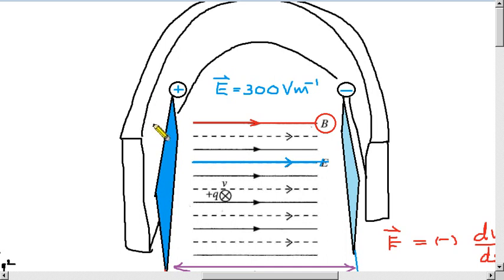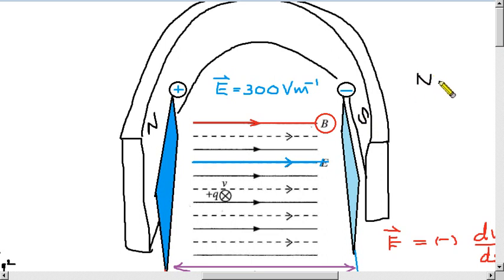So the S pole you have to place at this side, and the N pole you have to place this way. So the force lines flow N to S. North side this way, south side this way.